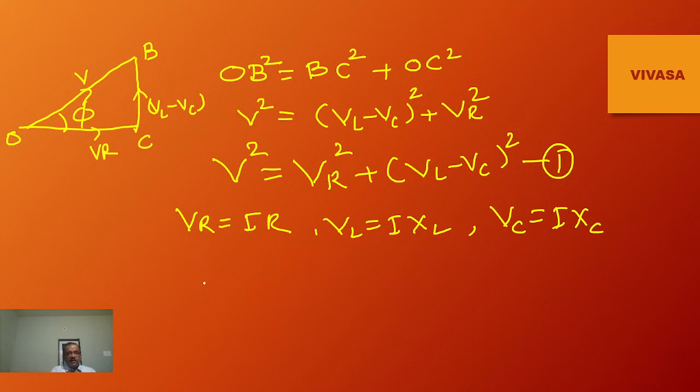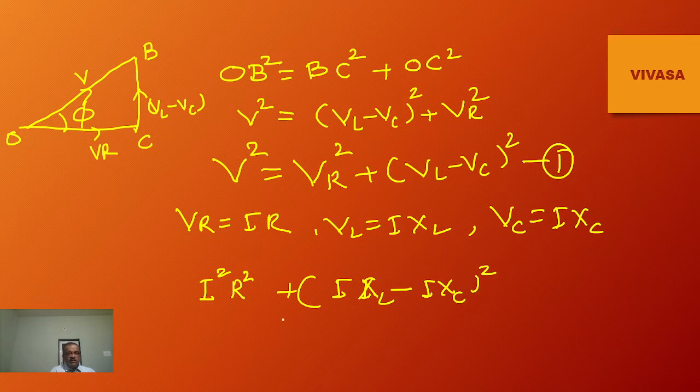Now this becomes VR square, that means I square R square, since V is equal to I into R. Then plus I into XL minus I into XC whole square.